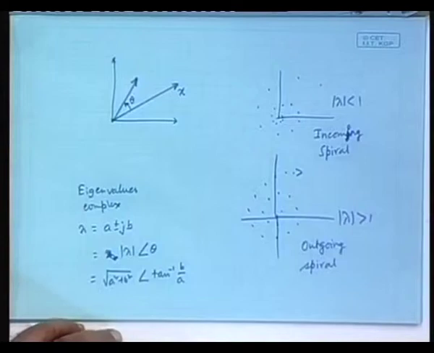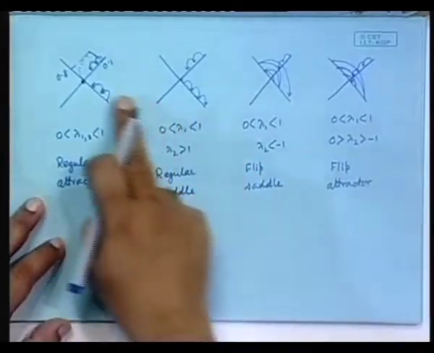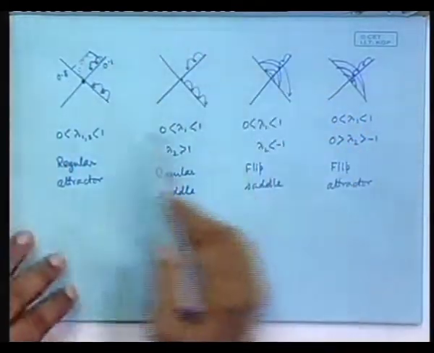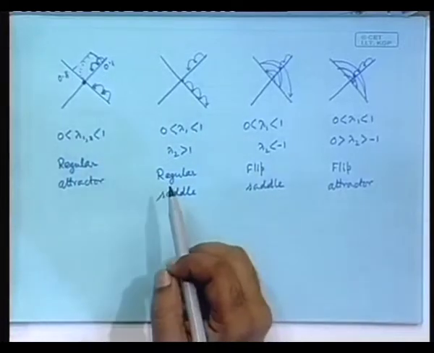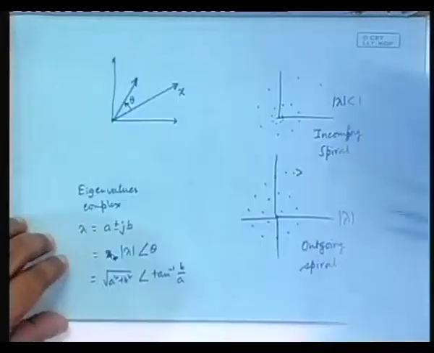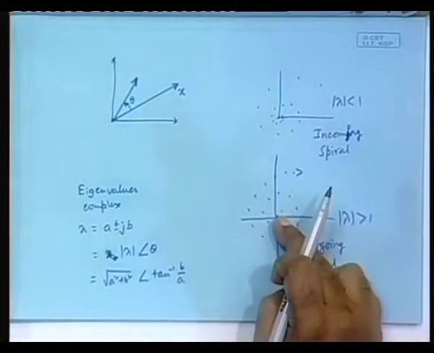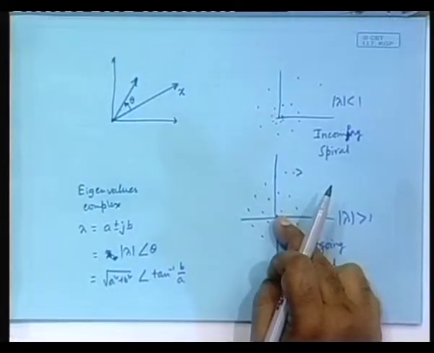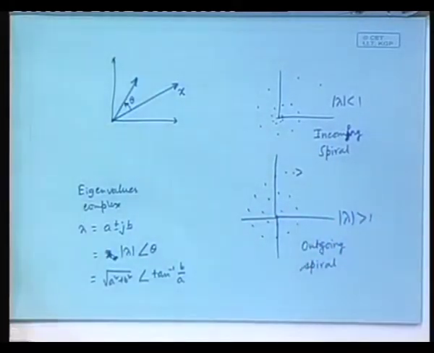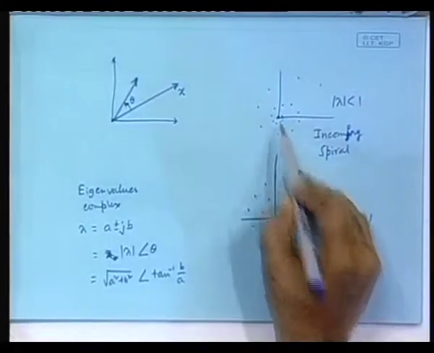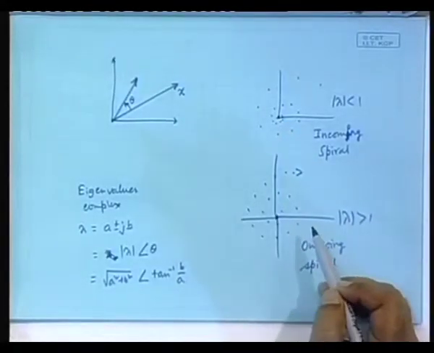Now, notice that these nomenclatures pertain to these points, right? The fixed point has the nomenclature. In these cases, the fixed point, the one around which you have either incoming spiral or outgoing spiral behavior, is called a focus. That means each one is a focus.